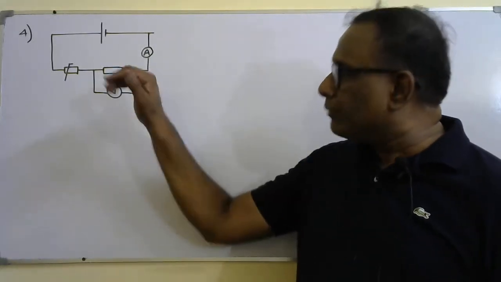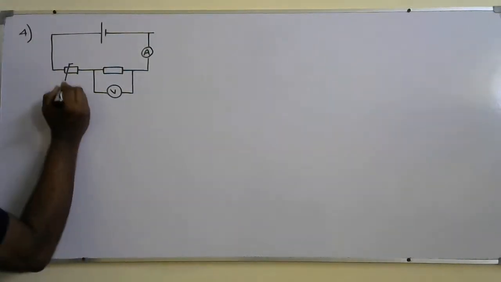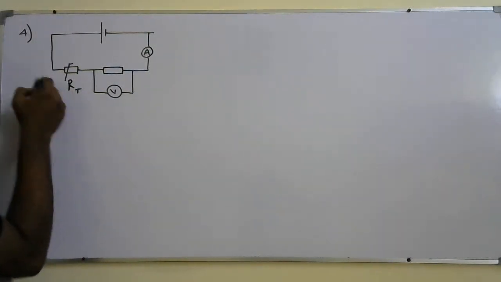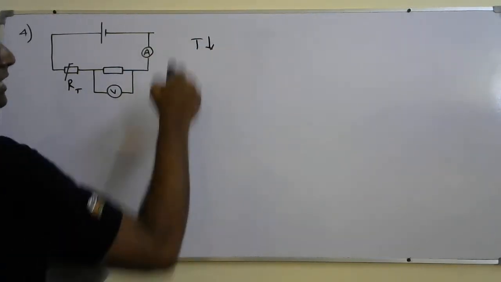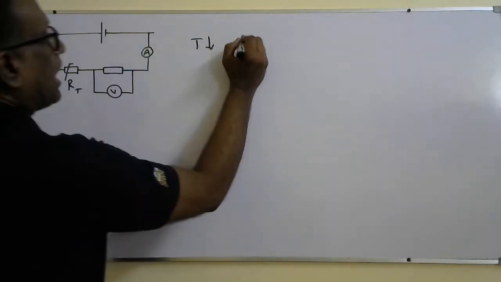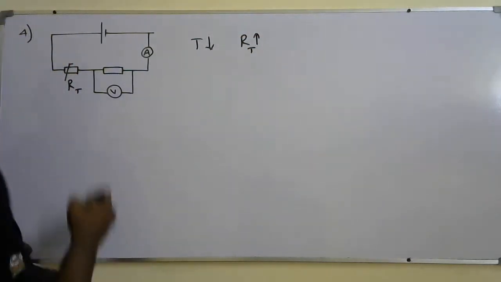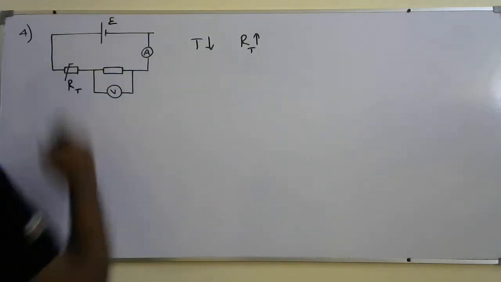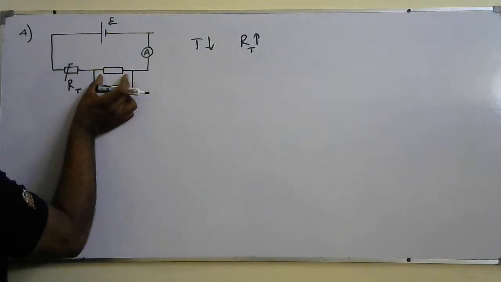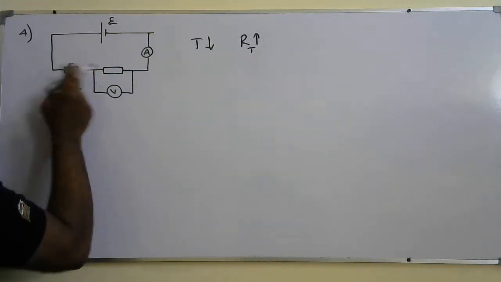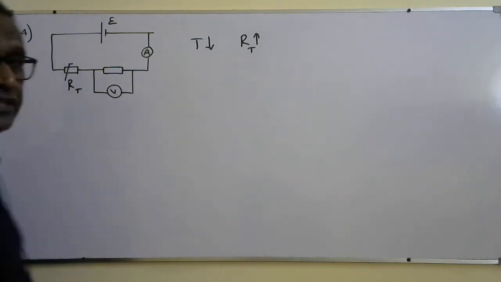You know that when the temperature decreases, the resistance RT, I can call it RT for thermistor, T standing for temperature, will increase. The EMF is the same, no change in EMF. The voltmeter reads the voltage across it, so the same voltage will be divided across the thermistor and the standard resistor in the ratio of their resistance.